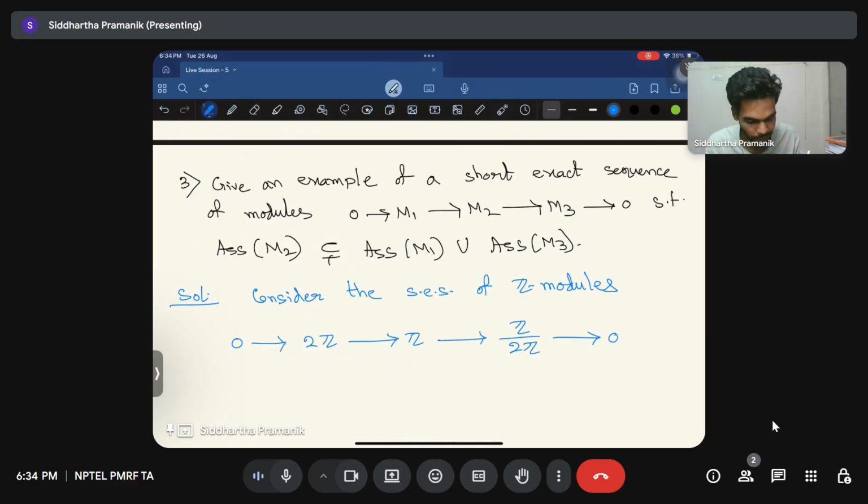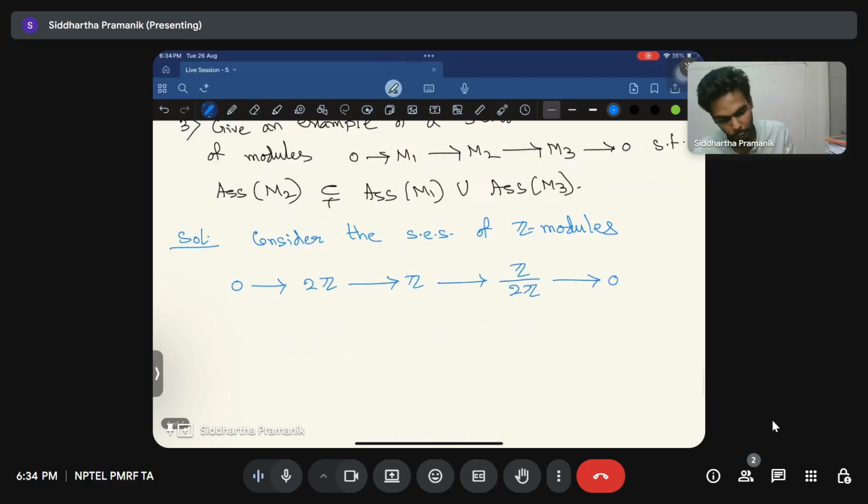Now what about the associated primes of these three modules? Let's start with the middle one, the associated primes of Z over Z. What can we say? I'm claiming this is only the ideal 0. One reason is how the associated primes look.